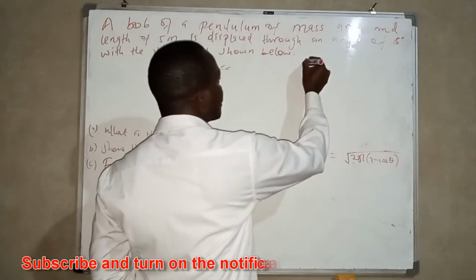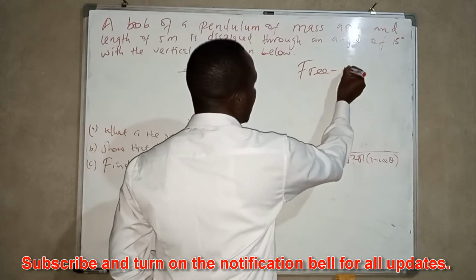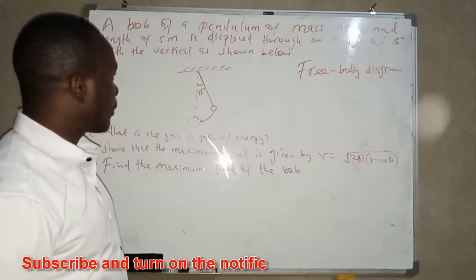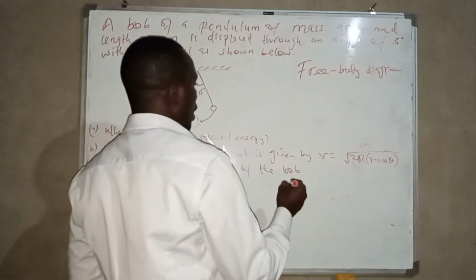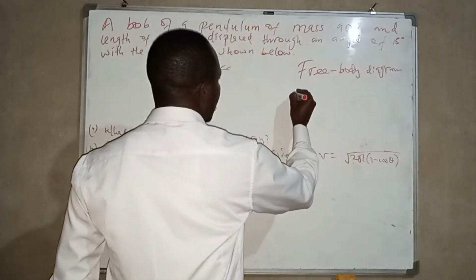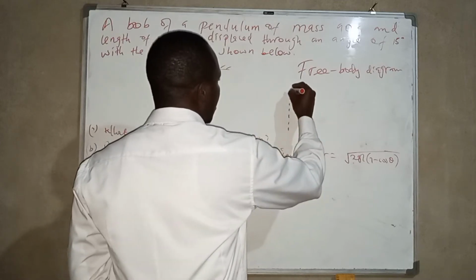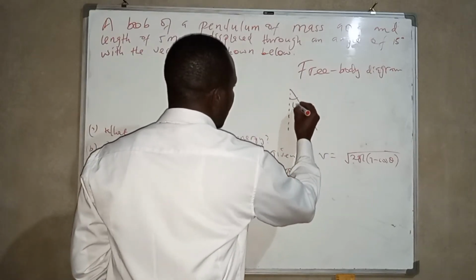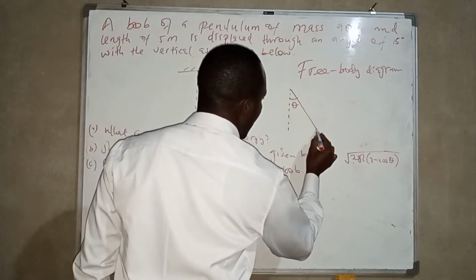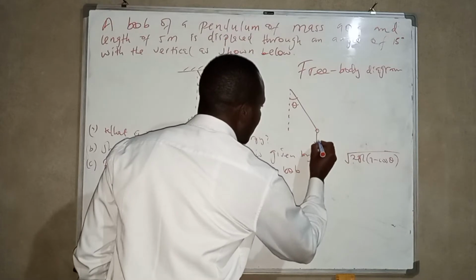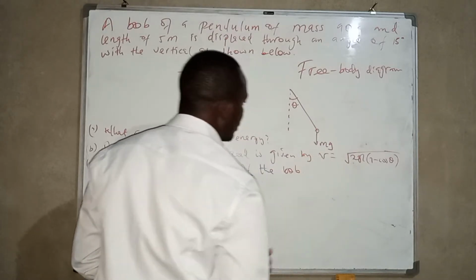Whenever we are looking at questions or problems of this kind, it's important that we come up with free body diagrams. So here we can draw this. We have this angle theta, and then we have the mass here, and directly downwards this is mg.